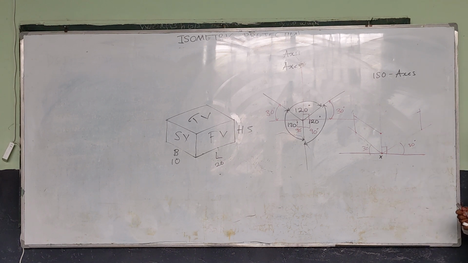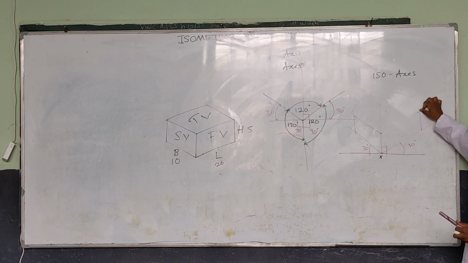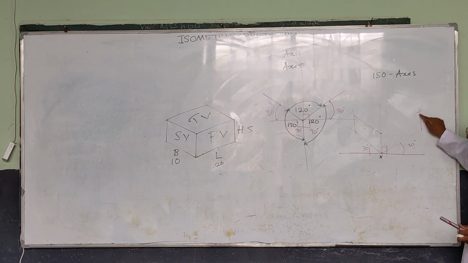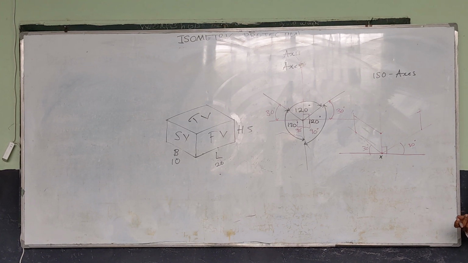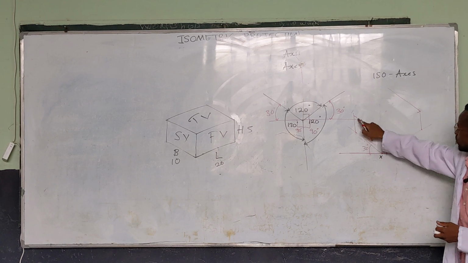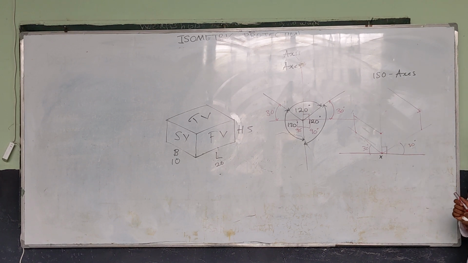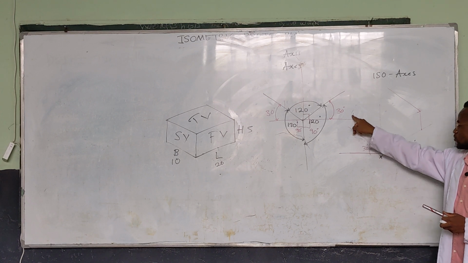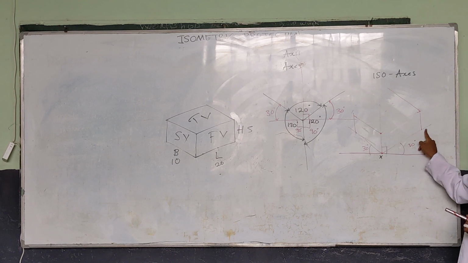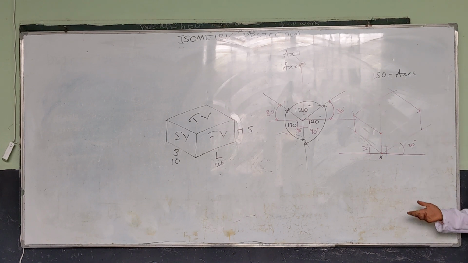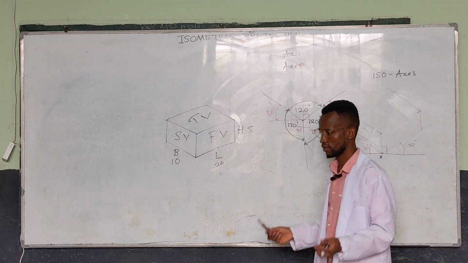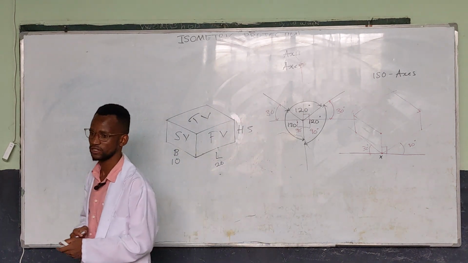Have you seen this point where the two lines are meeting here? We draw a line that is parallel to either this one or this one. We're just drawing lines that are parallel to the iso axes, right? Here we draw a line parallel to this, or maybe this one here. At this point, we'll draw a line that is parallel to this one. And there we have our 3D object represented on a 2D plane.